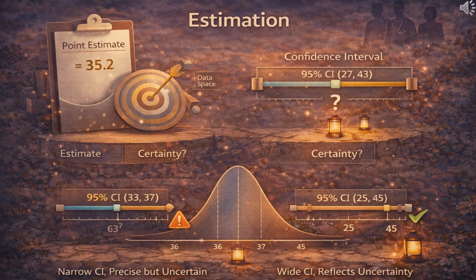The bootstrap is a resampling approach for estimating uncertainty when standard formulas are hard to trust or hard to derive. The basic idea is to use your observed dataset as a stand-in for the population, then repeatedly resample from it to mimic repeated sampling. Each resample is called a bootstrap sample. You compute the statistic of interest on each bootstrap sample, and then you study the distribution of those bootstrap statistics.